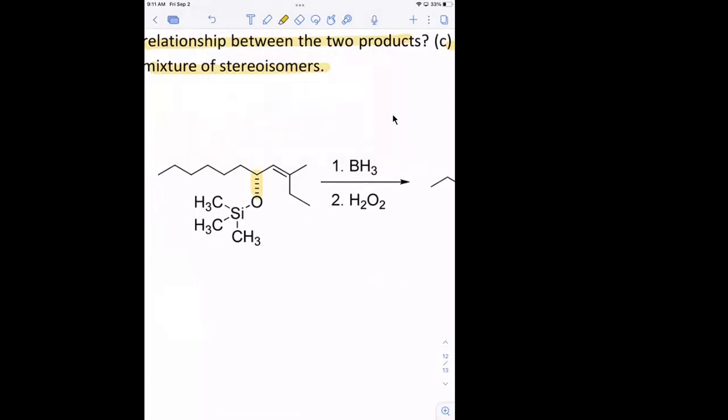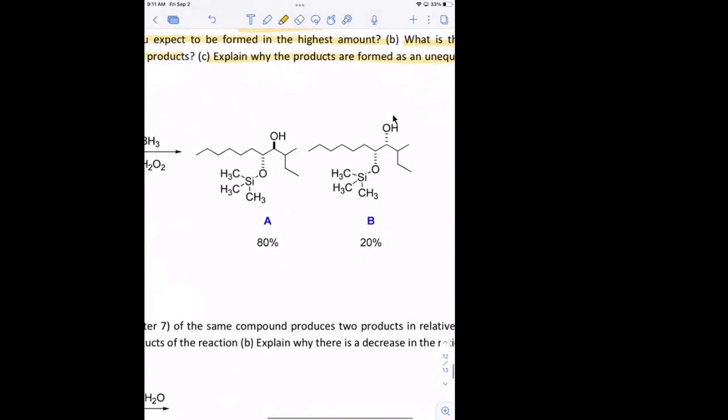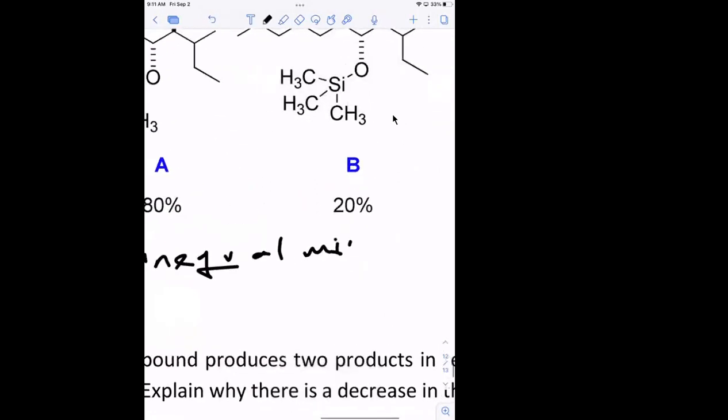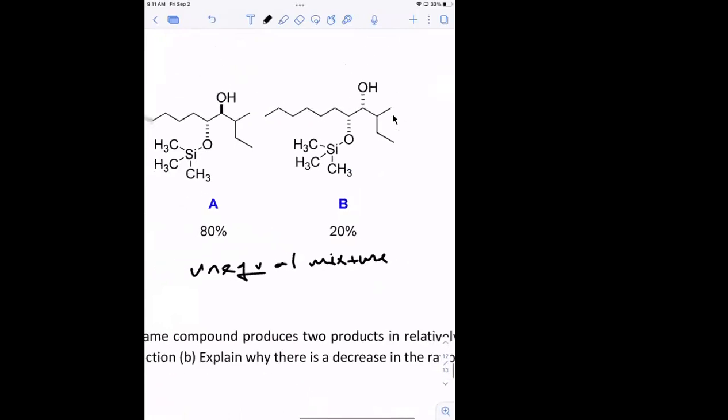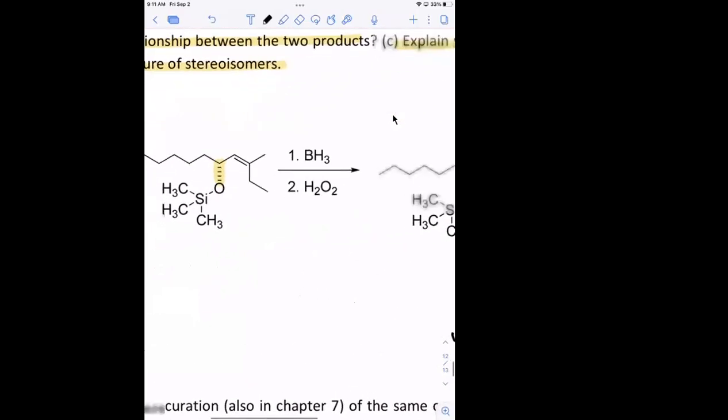We should expect on the product side an unequal mixture, because we took something chiral and reacted it with something achiral.